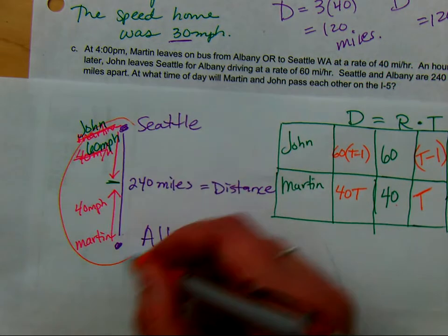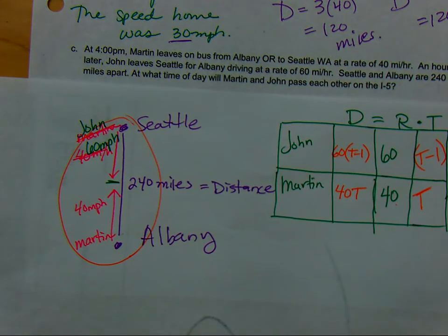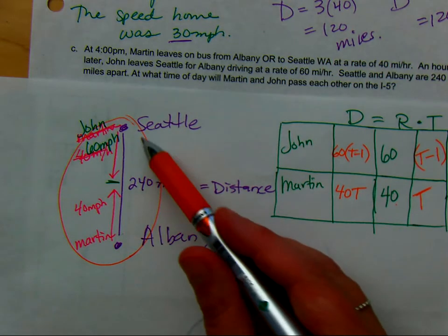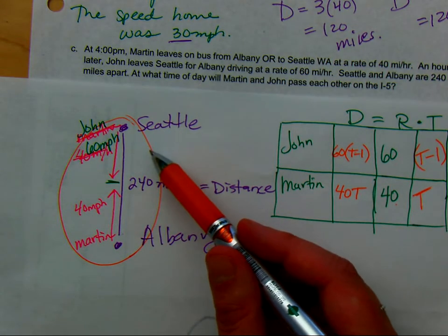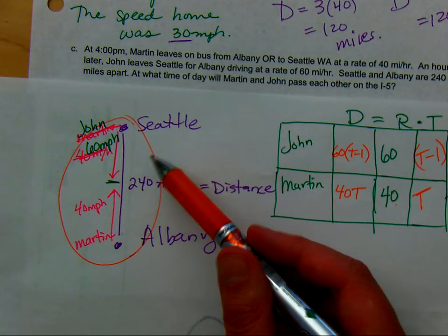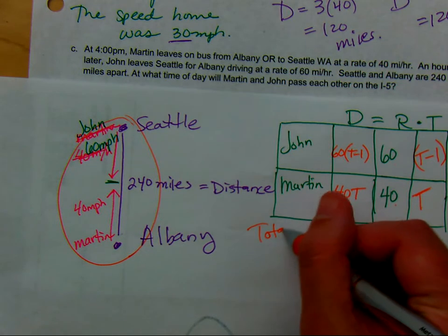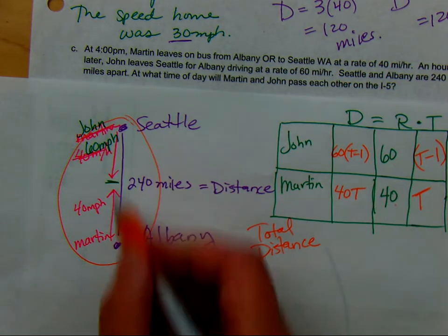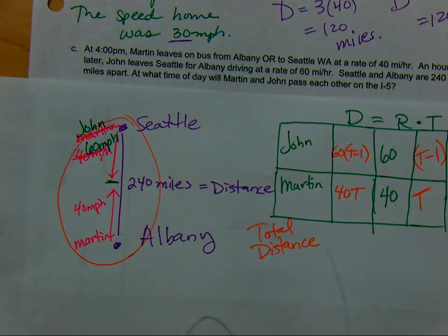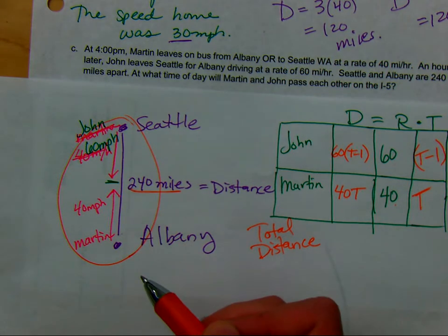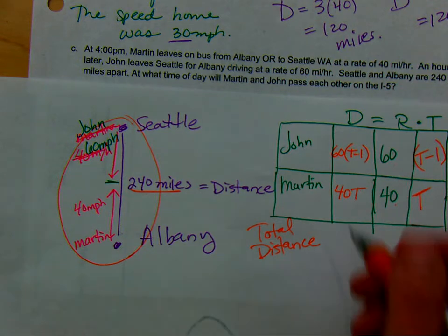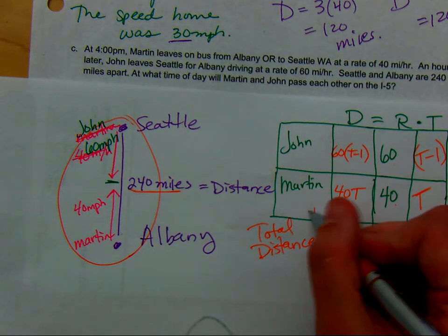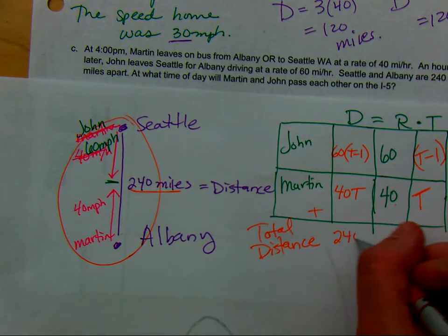When they meet, how far have they gone together total? The total distance is, does anybody know? From Seattle to Albany? Well, it says from the problem, 240 miles, right? So if we add up their distances together, you get 240 miles.